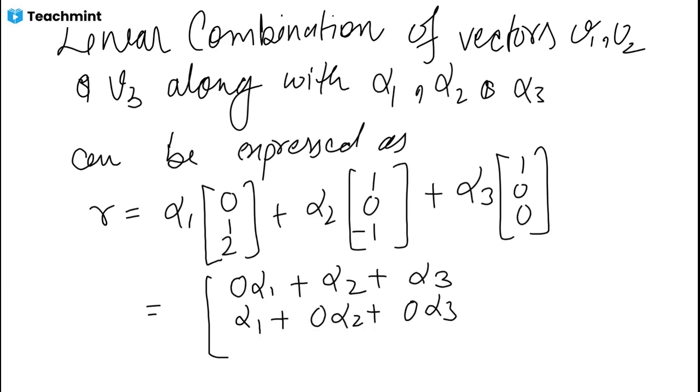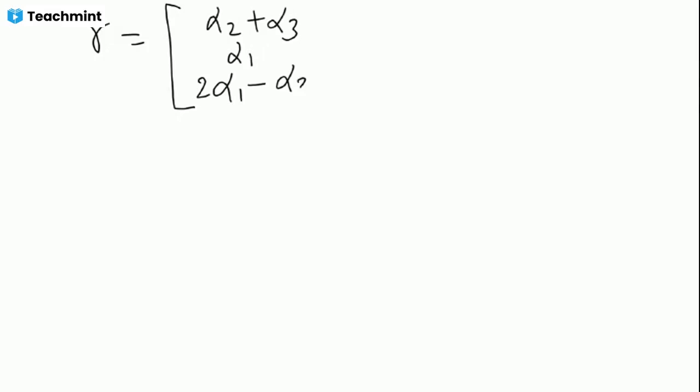Similarly, we have a combination of 2 alpha 1 minus alpha 2 plus 0 alpha 3. Finally, taking all the values including 0 as a coefficient, this linear combination can be expressed as alpha 2 plus alpha 3, alpha 1, and 2 alpha 1 minus alpha 2.